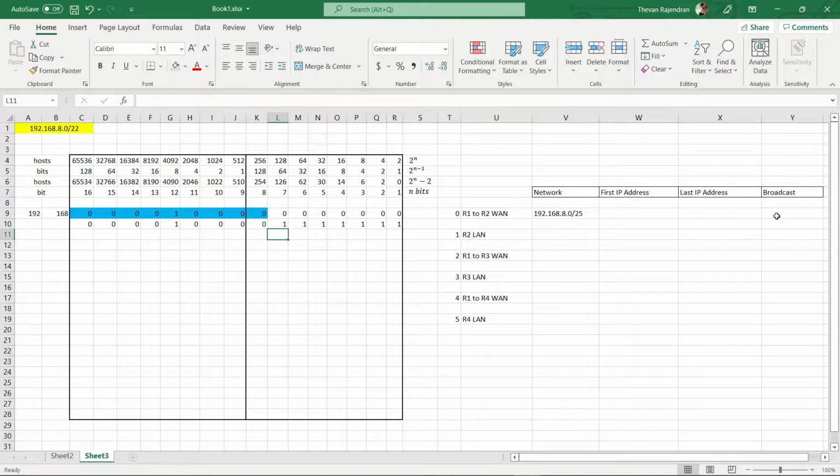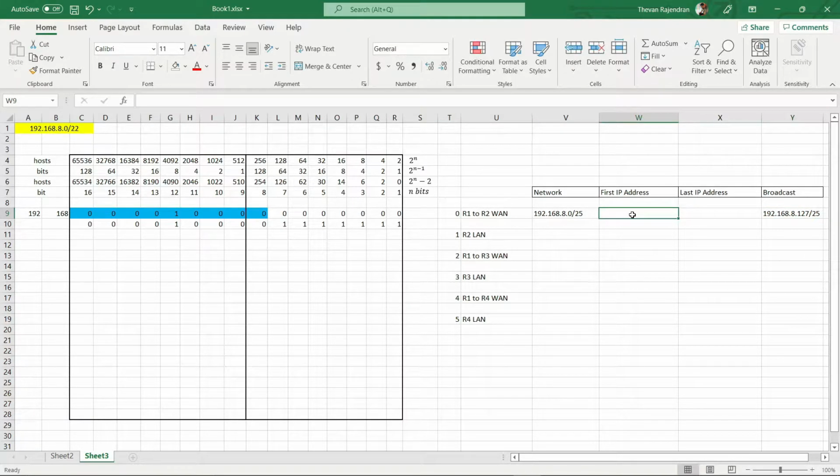So how do we calculate the broadcast address? First, we need to add all the hosts here: 64, 32, 16, 8, 4, 2, and 1, and that will be 127. So the broadcast IP address will be 192.168.8.127. The subnet mask will be the same for all the subnets, /25.